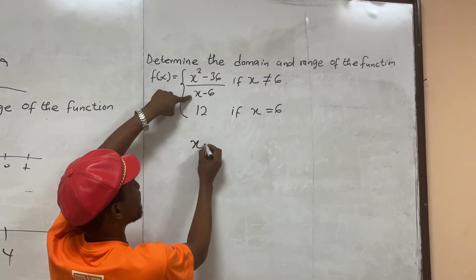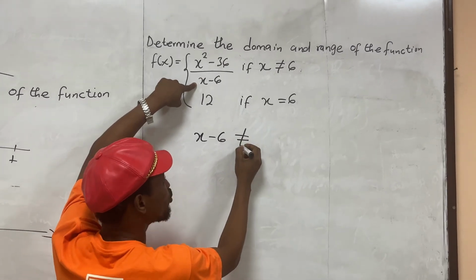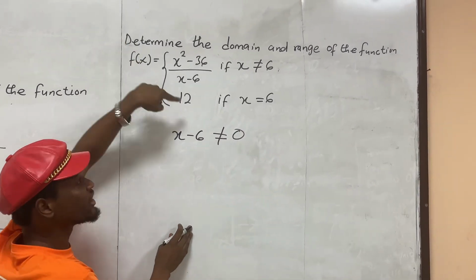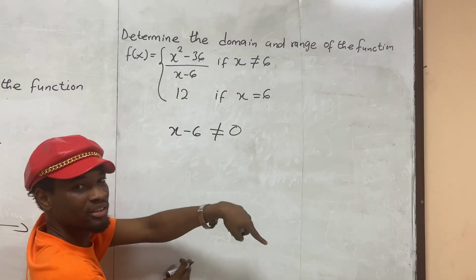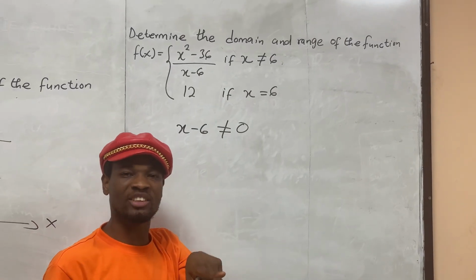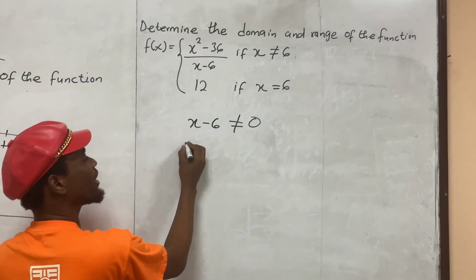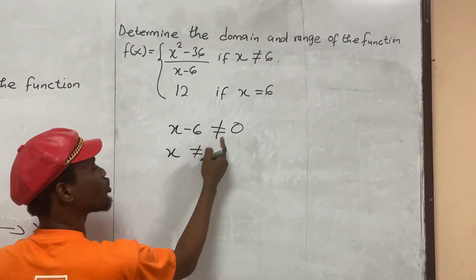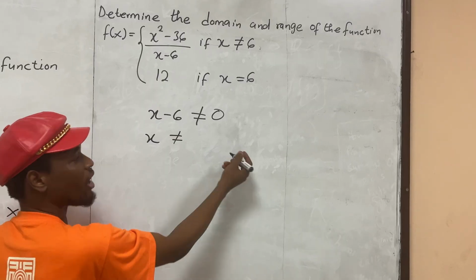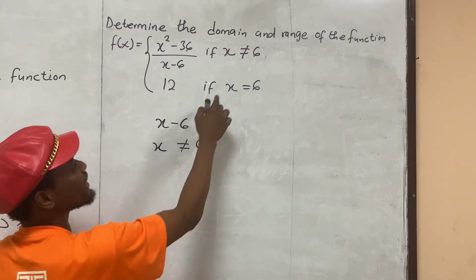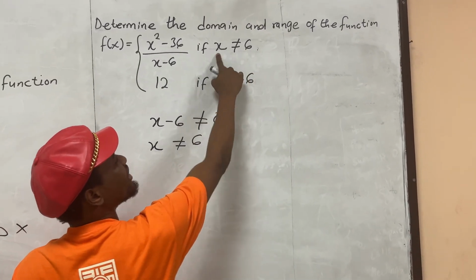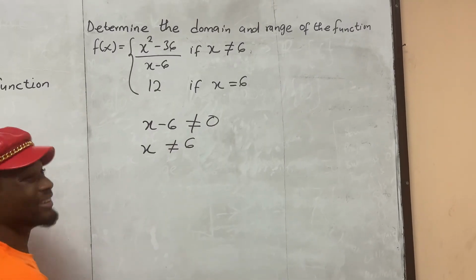So I have x minus 6 should not be equal to 0. If it is equal to 0, the function will not be defined. In other words, the function will be undefined. So let's make x the subject. We have x which is not equal to, when you transpose this, +6. And that explains why you have this condition over there.